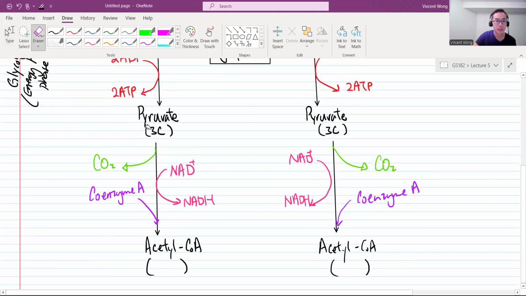It was 3, and then we remove a carbon dioxide, right? Carbon dioxide has 1 carbon. So 3 minus 1 is 2 carbons, okay? 2 carbons.